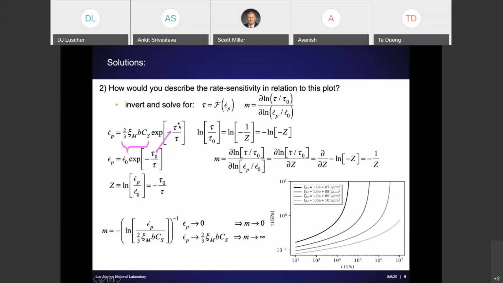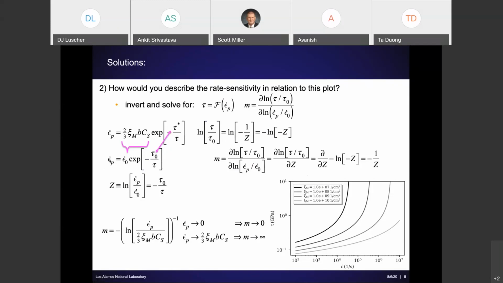Now, we can quickly recognize that there's a convenient normalizing stress, tau 0, which is just directly this parameter, tau star. So if I make those substitutions, I end up with the plastic strain rate equal to the upper bound reference strain rate multiplied by the exponential of negative tau 0 over tau, where again tau is our driving stress, the shear stress, and epsilon dot p is the plastic strain rate in the material.